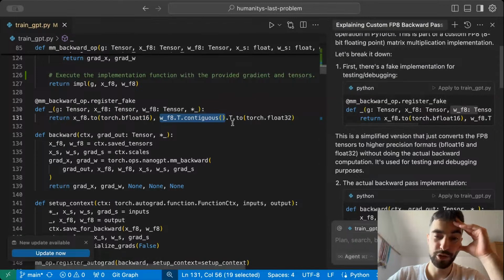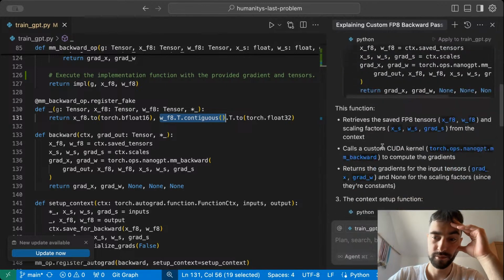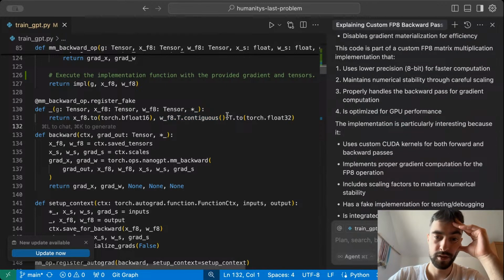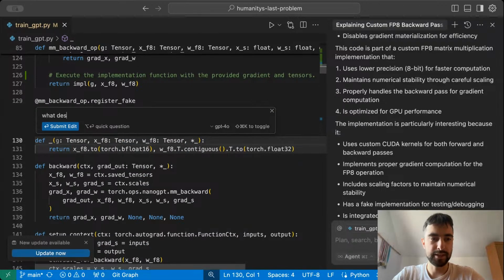I just wonder what dot contiguous does. Let me ask. Why can't I edit this? Huh? Oh, I need to select the whole line maybe. What does dot contiguous do?